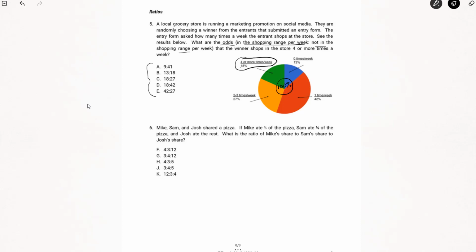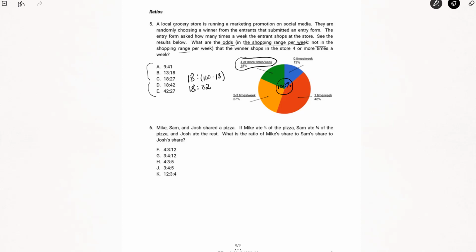So we could take the 18% as 18 in the week, and the number that's not in the week is actually 100 minus 18, which, let's write this out, is 18 to 82.